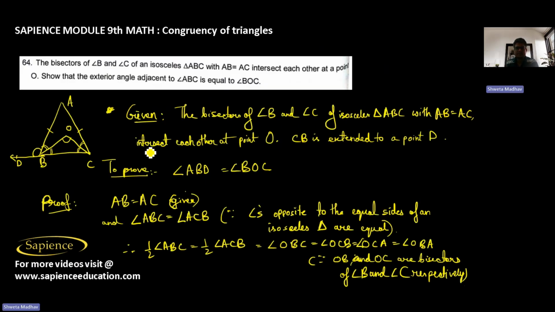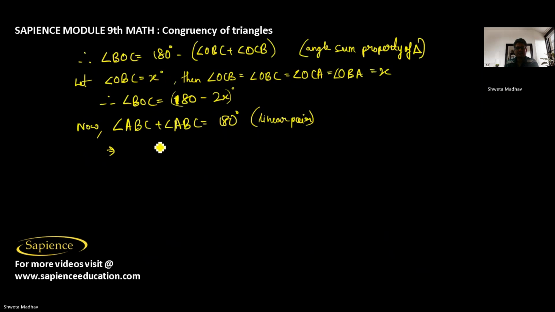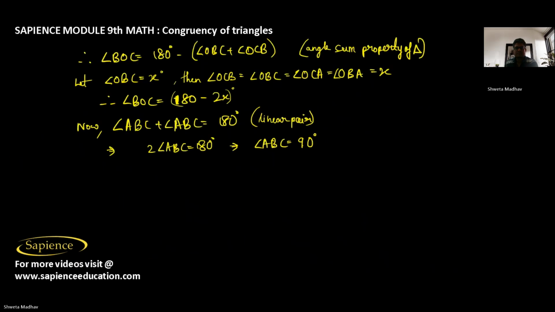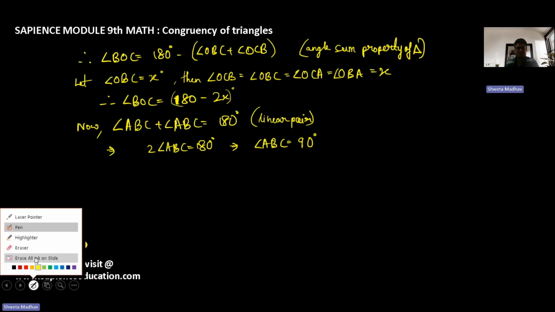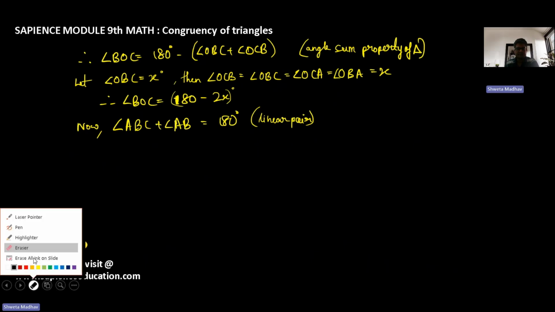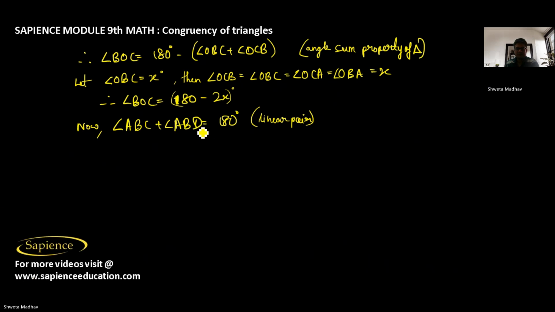So this is angle ABC plus angle ABD, forming a linear pair.